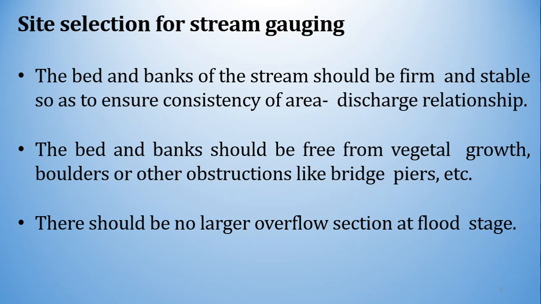The area and discharge relationship should not alter with respect to the bed, and therefore the bed and banks of the stream should be firm. Then the bed and banks should be free from any vegetal growth, boulders, or other obstructions like bridge piers, etc. There should be no large overflow section at flood stage.